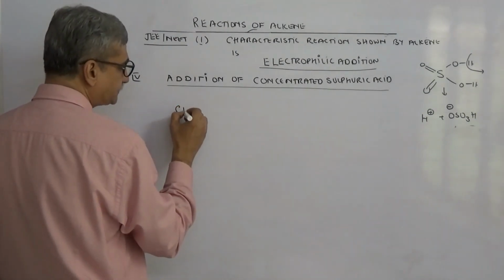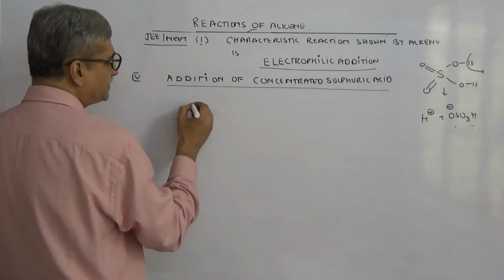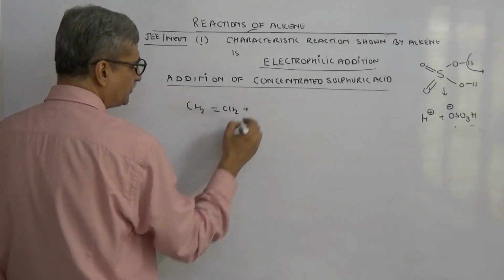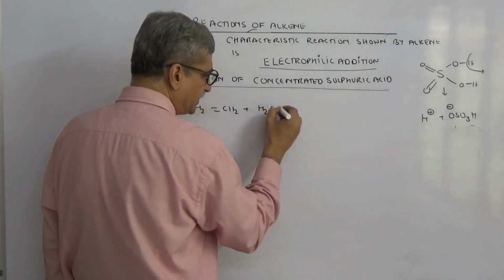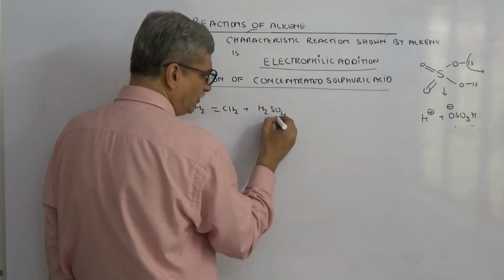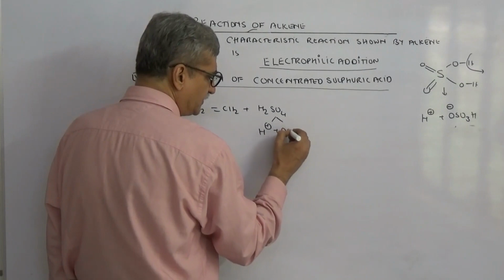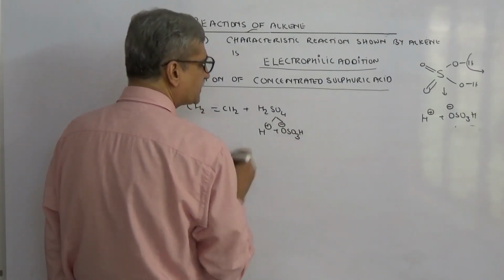So when I react, let us say, CH2 double bond CH2 plus the first molecule of concentrated sulfuric acid, H2SO4, which has split to form H plus and OSO3H minus.